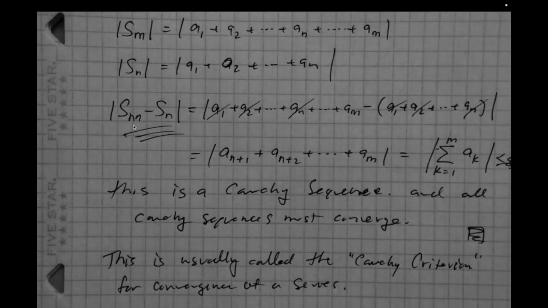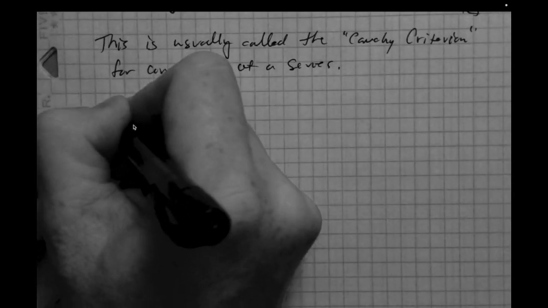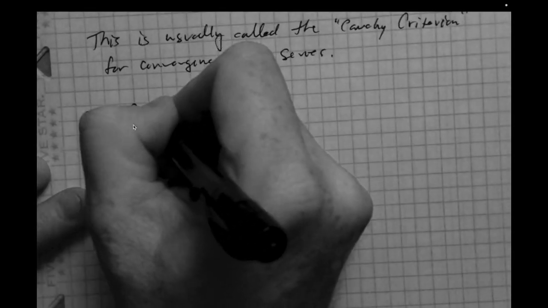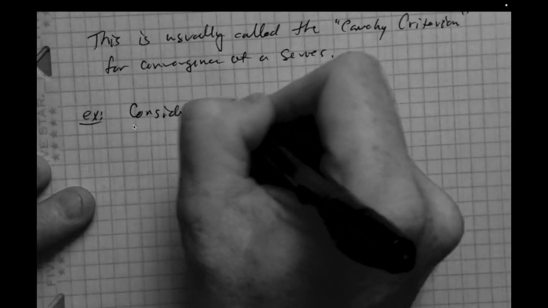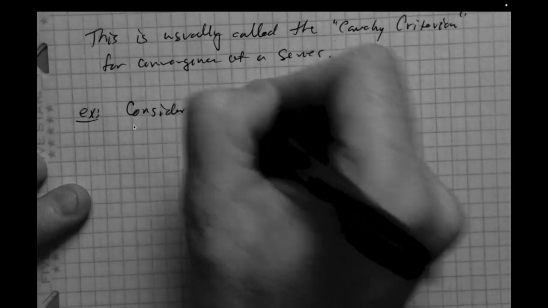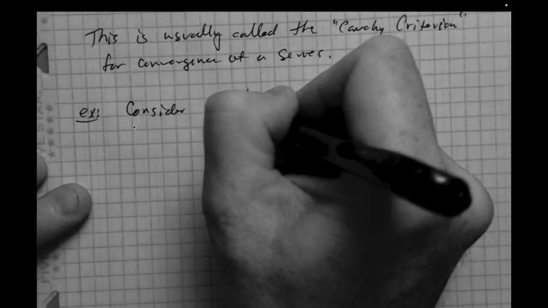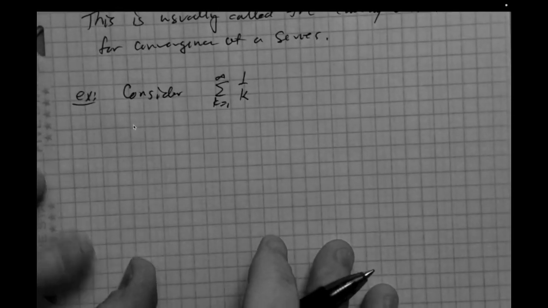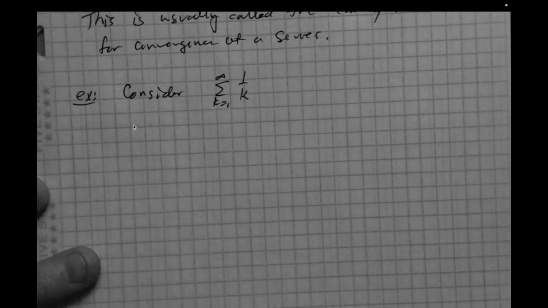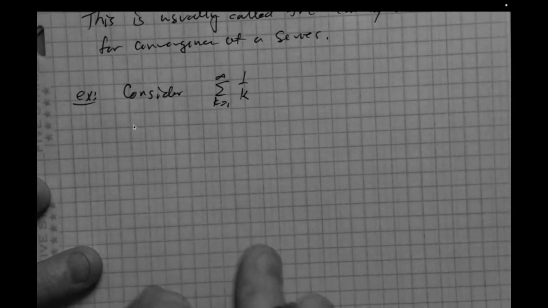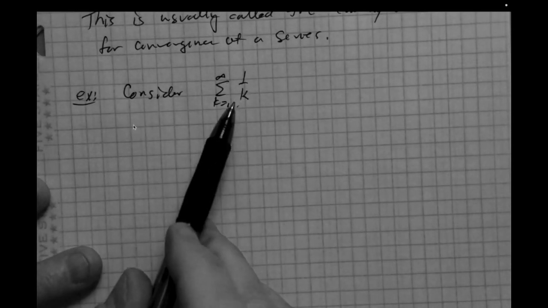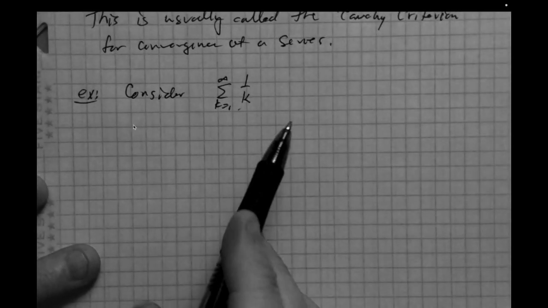Okay, let's do an example here where we use this. Let's consider the sum from k equals 1 to infinity of 1 over k. First of all, we know this does not converge, and we're going to use the Cauchy criterion to show it.